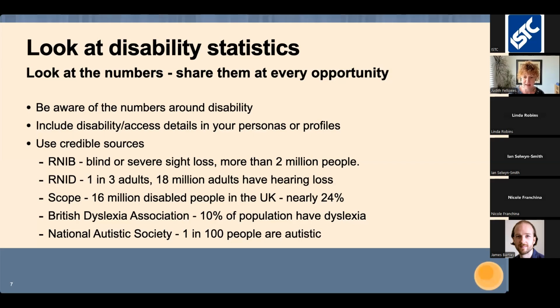It's not been updated. But one of the things that's come out in the past 20 years as well, that a lot more women are autistic, but it manifests differently in women, because girls and women are better at masking. So these figures are probably all higher than they are. So I would say probably in reality in the UK, 25 to 30% of people have some kind of disability or access need.